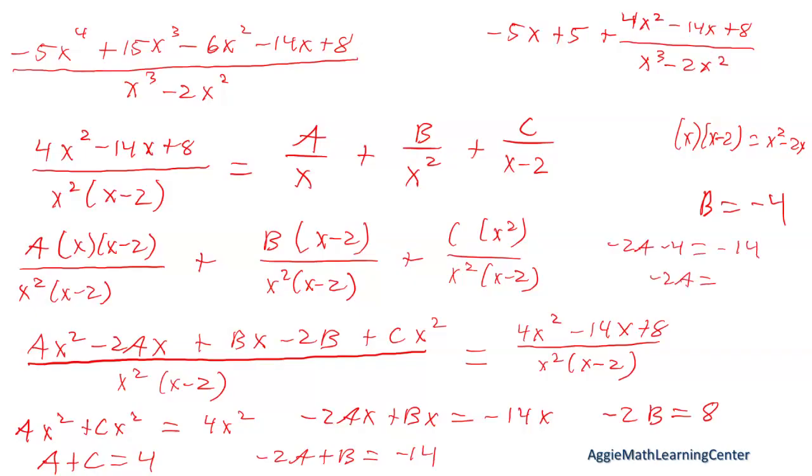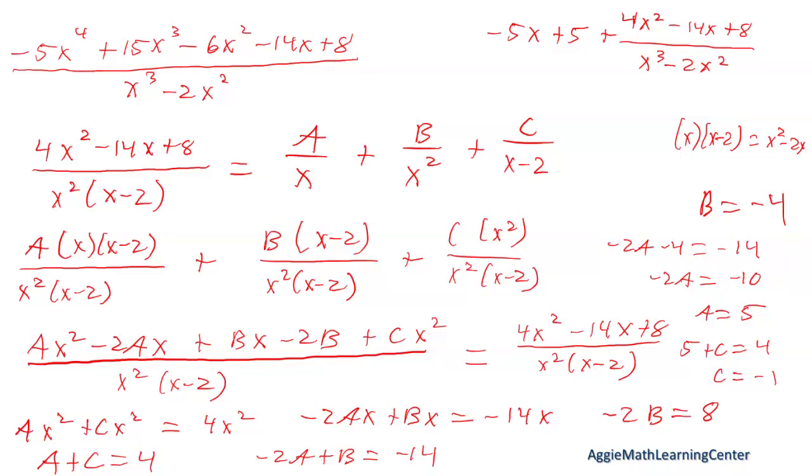Negative 2a equals negative 10, so a equals 5. Okay. And then you can plug a into that first equation, which is a plus c, so 5 plus c equals 4. So c equals negative 1.